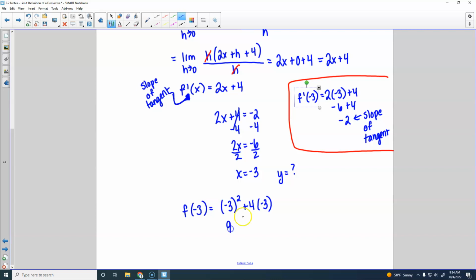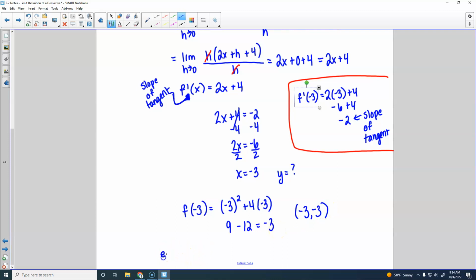That's going to give us 9 minus 12, which will give us negative 3. So my y coordinate is negative 3. I've got negative 3, negative 3. Make sure you're labeling everything. This is your point. Your slope is negative 2.